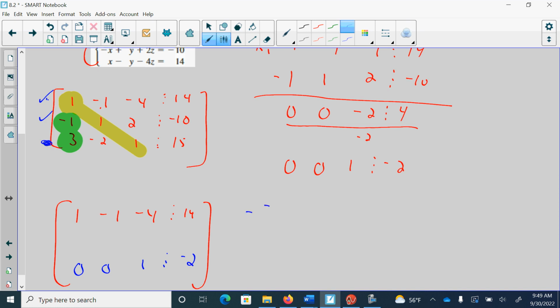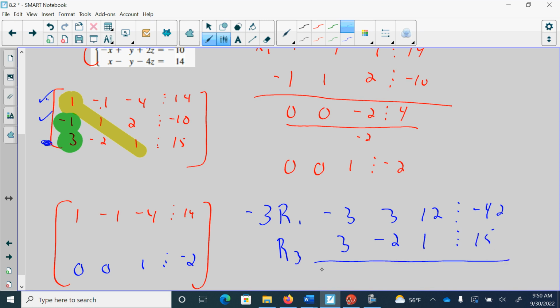So you did -3 times row 1, so I'm going to have -3, +3, +12, -42.